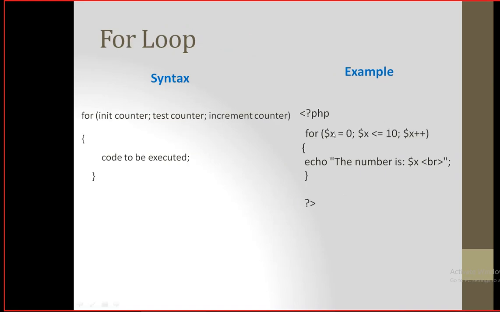For loop, again, the same way, we are having three parts. Number one is initialization of the counter variable. Number two, we are testing the counter variable, or we are providing the looping condition. And number three, we are using the unary operator either to increment or decrement the counter variable.